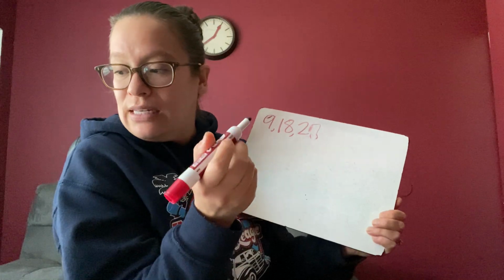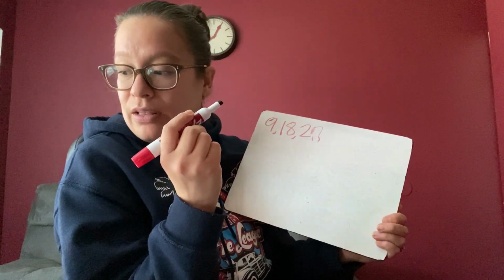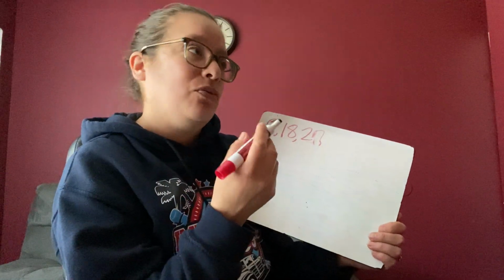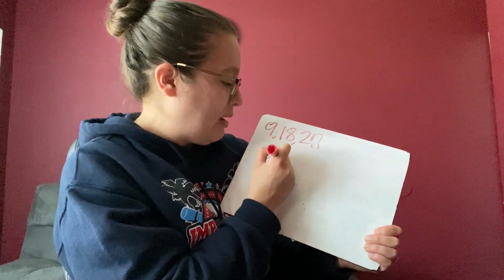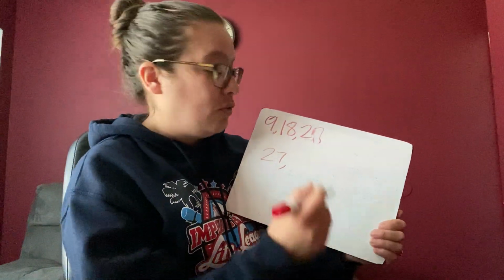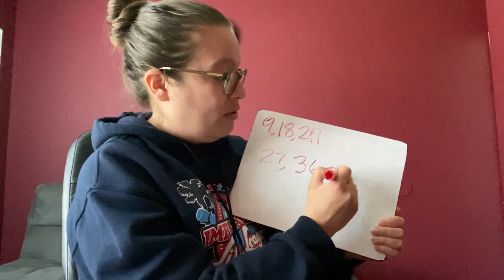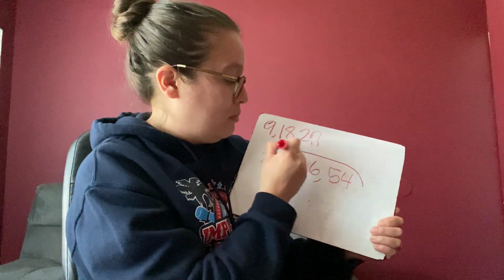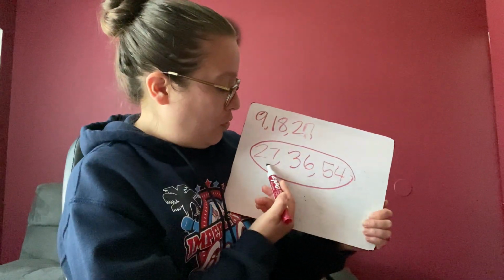So if it says the 3rd multiple of 9, well, 9 times 3, 27. The 4th multiple of 9, 9 times 4 is 36. And the 5th multiple of 9, 54. Those are the 3rd, 4th, and 5th multiples of 9.